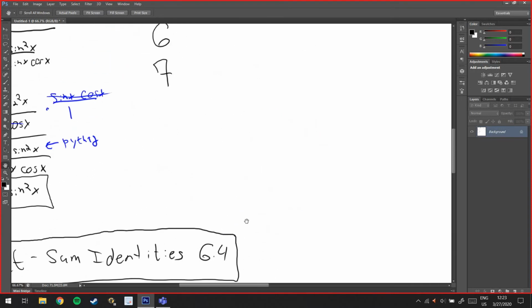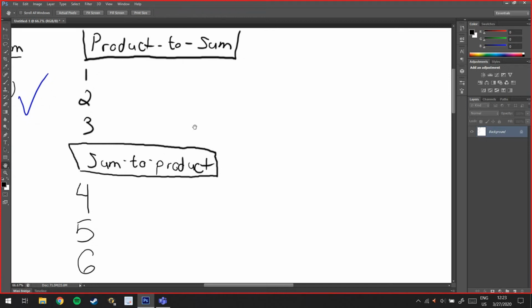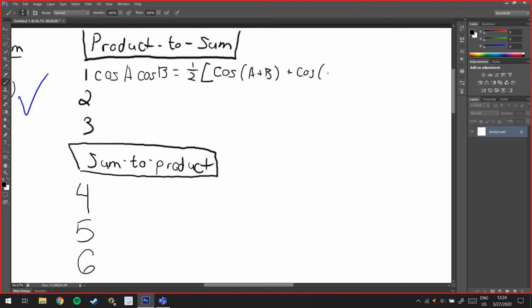I'm just going to scroll up to our product to sum identities. The first one we just found is cosine a cosine b is equal to half cosine a plus b plus cosine a minus b.